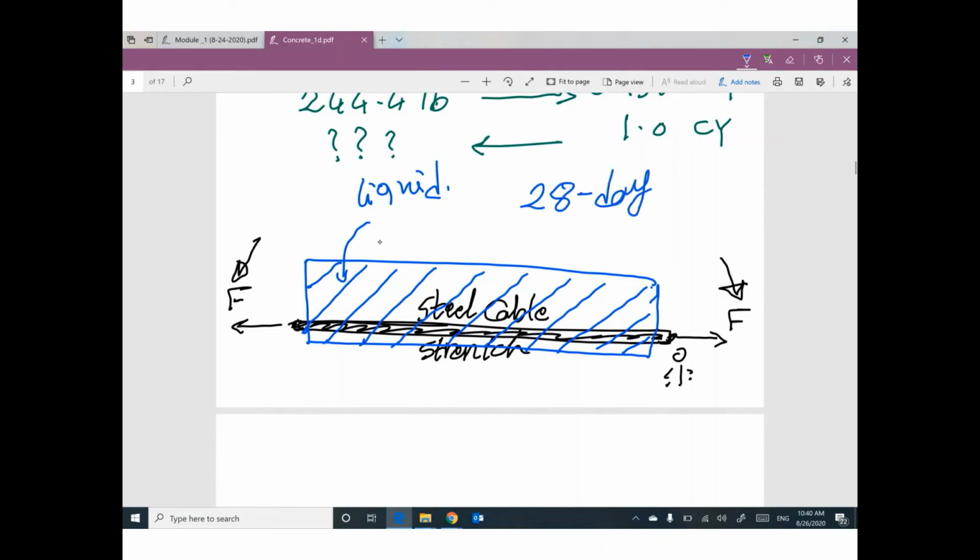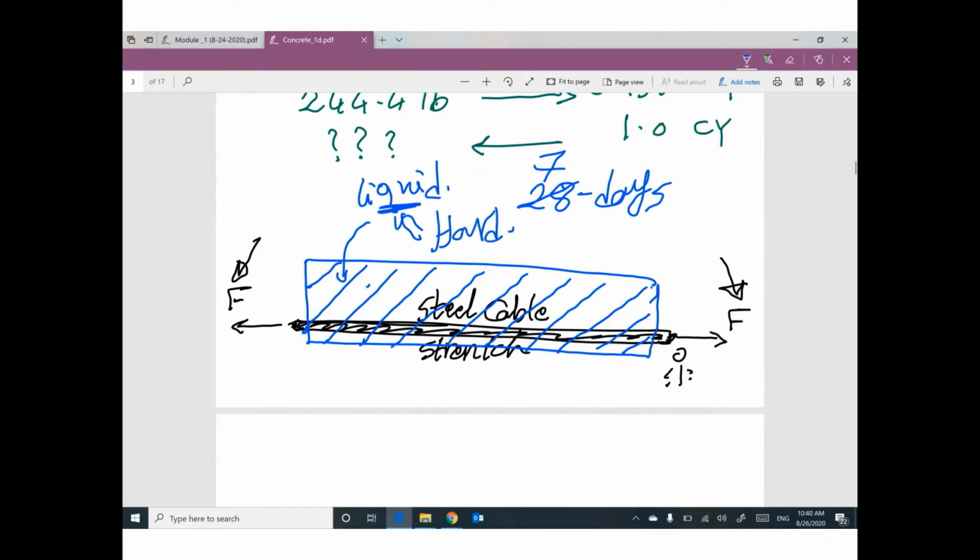The cable is still stretched. Probably not 28 days, at least 7 days. So the cable is still stretched, and the concrete became hard after 7 days, not liquid.